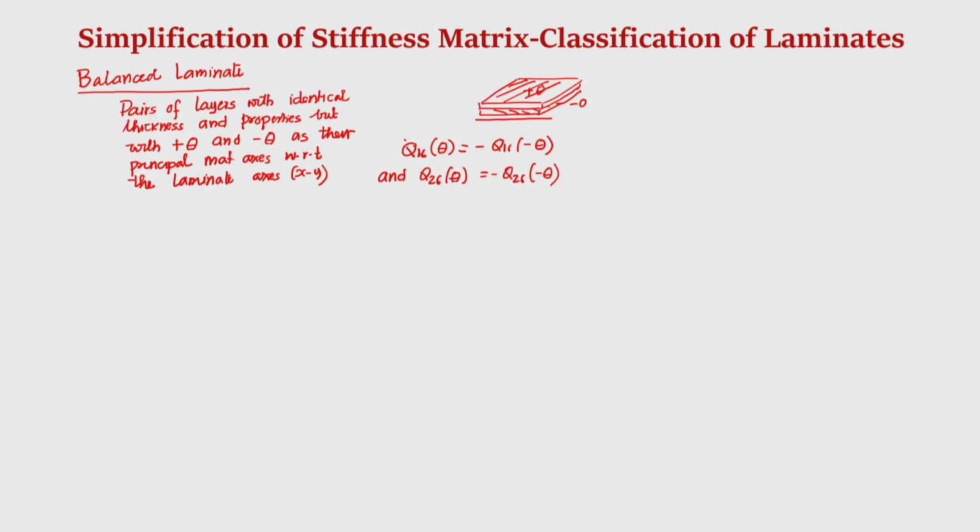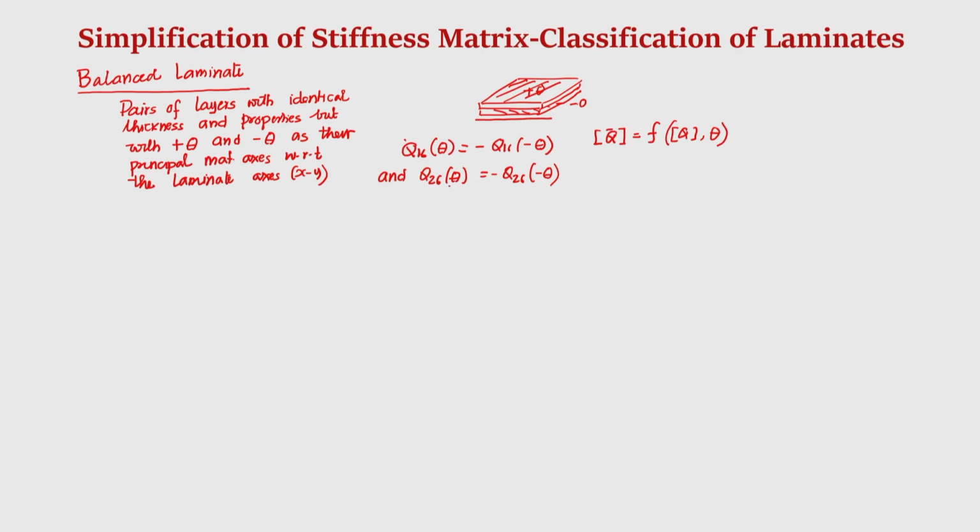Recall your expressions for the reduced transformed stiffness matrix elements in terms of reduced stiffness matrix elements. That means, in the macromechanics we have studied, we could express Q bar as a function of Q and theta. Just go back and check that Q16 of plus theta is equal to minus Q16 of minus theta, and the same is true for Q26.